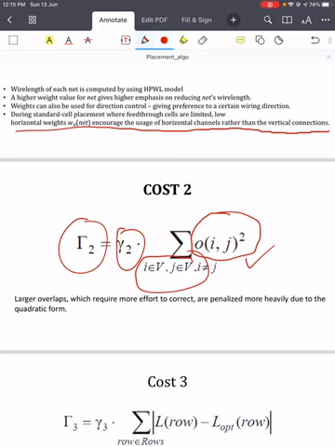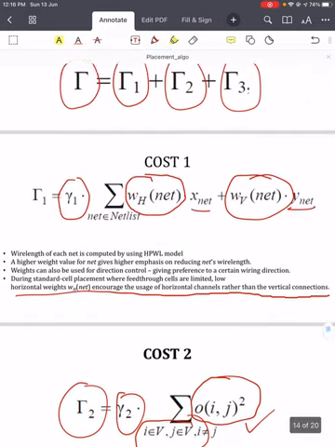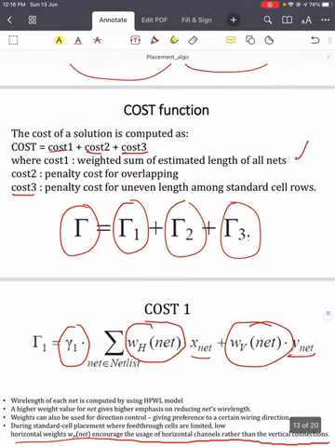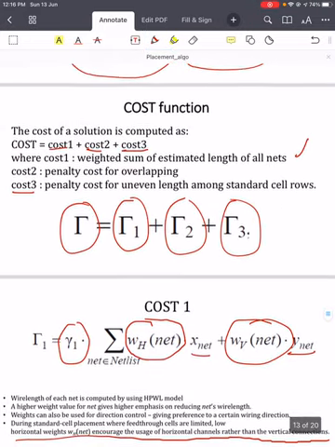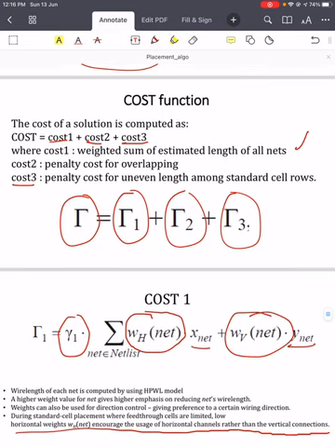So the undesirability is reflected by taking the square. That's why this quadratic function is used to define cost 2, and it takes care of how you consider the penalty cost for overlapping.